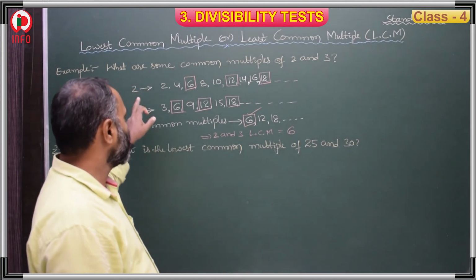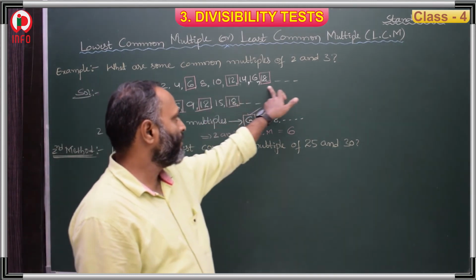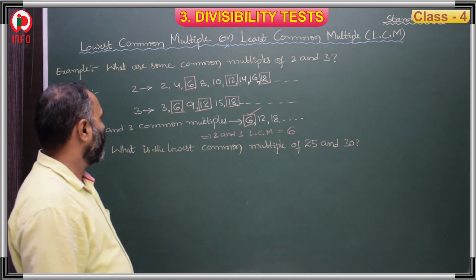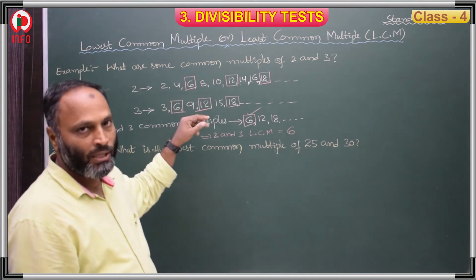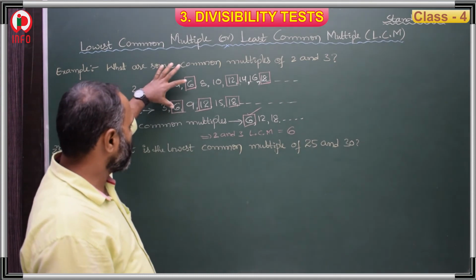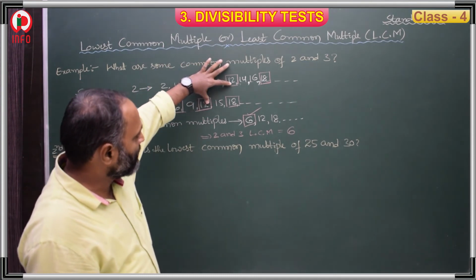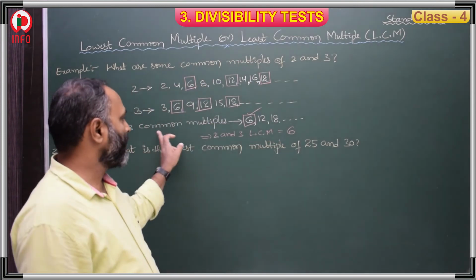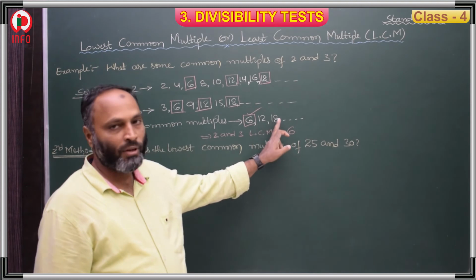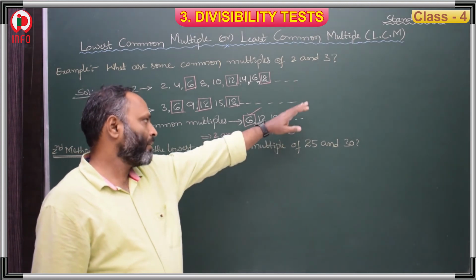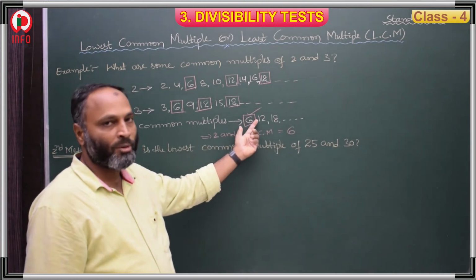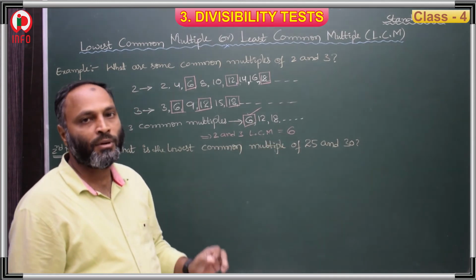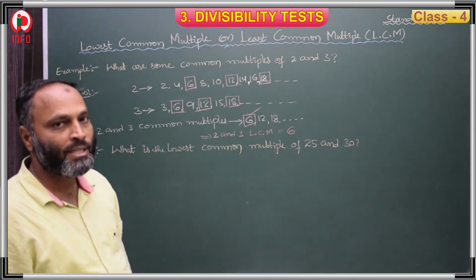First write the multiples of 2 and the multiples of 3, then write the common multiples: 6 is common in both, 12 is common in both, and 18 is common in both. Among all the common multiples, the least is 6. So 6 is the least common multiple of 2 and 3. This is the first method.